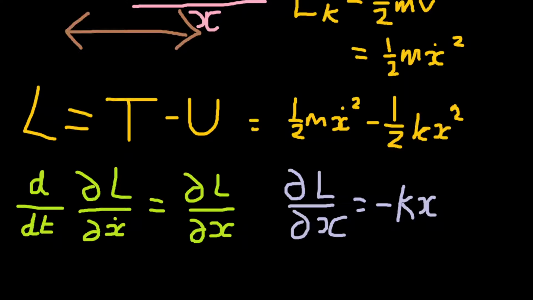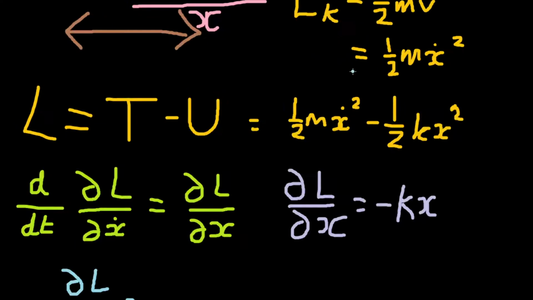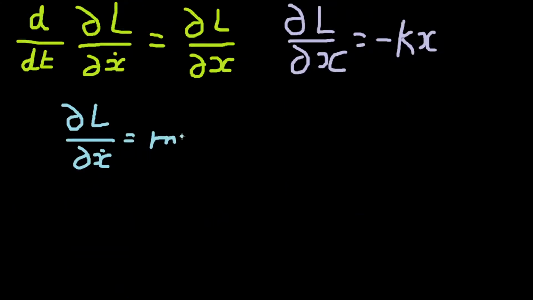Next, let's find the partial of the Lagrangian with respect to x dot. This is simply the same process, we're just applying the power rule to this variable. The 2 comes down, this is just m x dot.